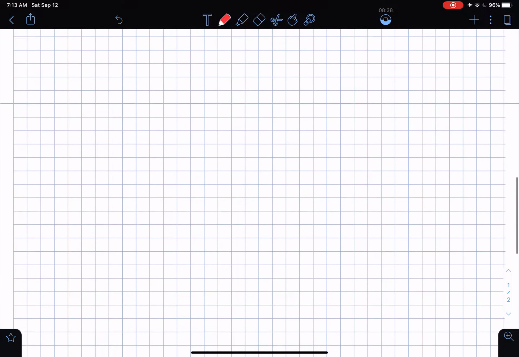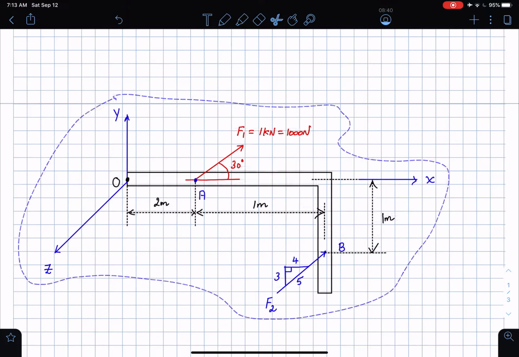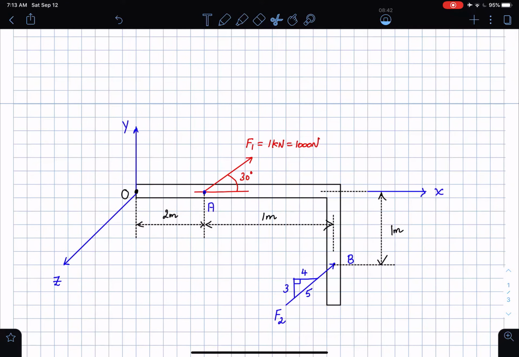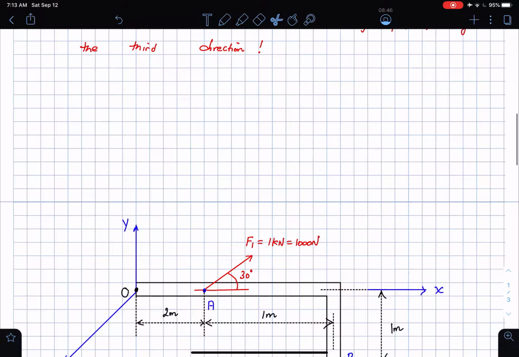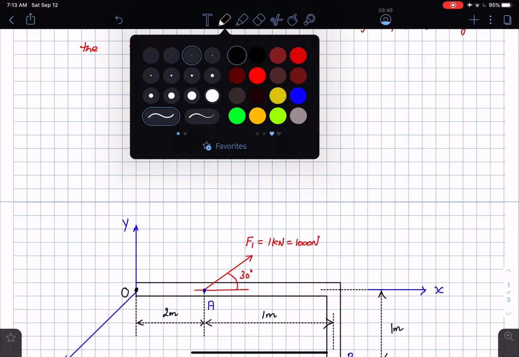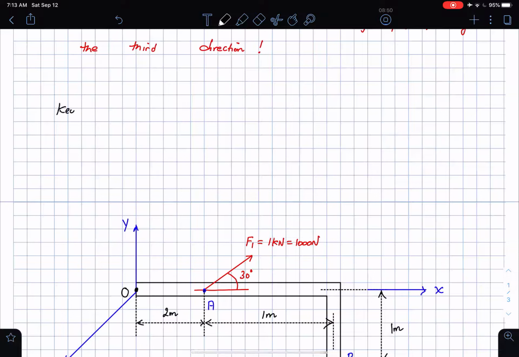All right, so I'm going to bring the problem down here, and then I'm going to start breaking it up into components. Okay, the key idea, of course, maybe let me write that down here. Okay, so the key idea is that the resultant moment about the point O is going to be the moment about the force F1 and moment about the force F2.